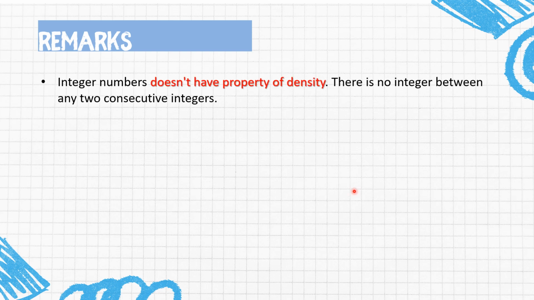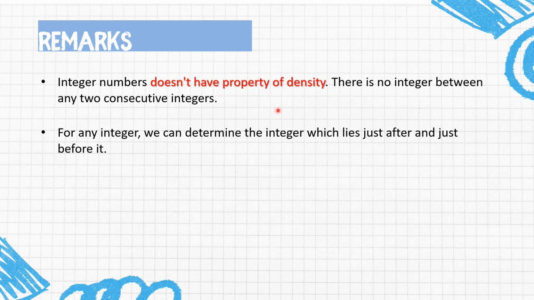this is a remark we should understand. First remark is integer numbers do not have the property of density. So there is no integer between any two consecutive integers. Take care, I cannot find that property in the integer set.